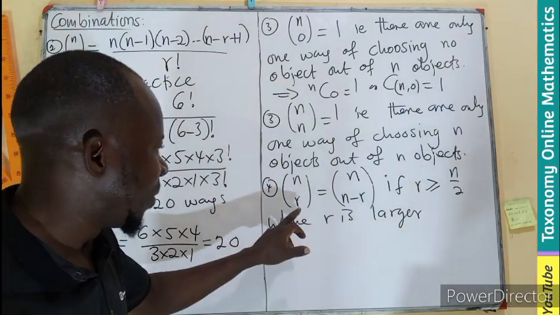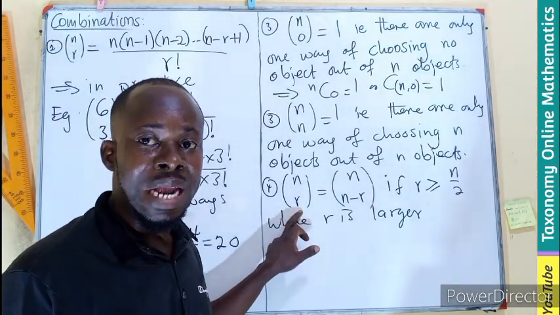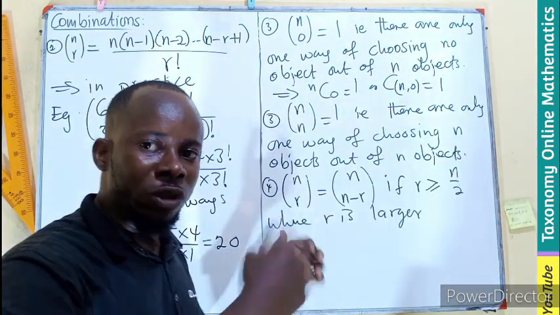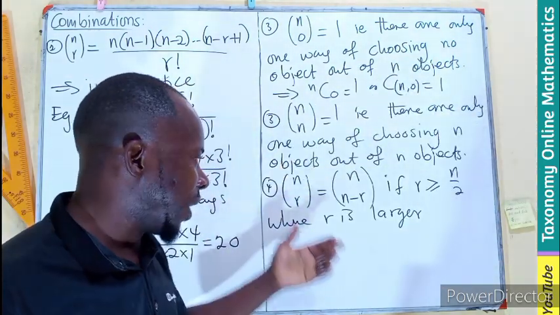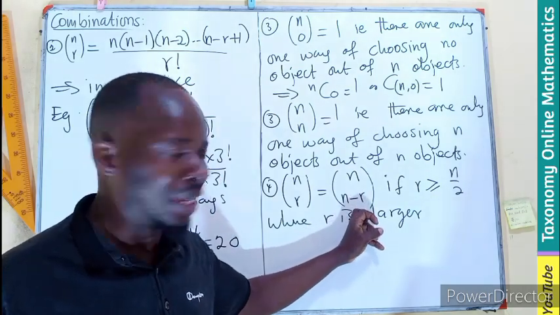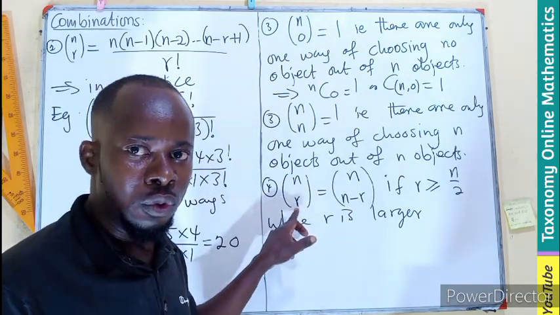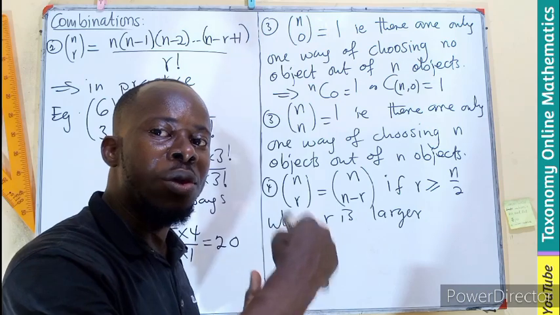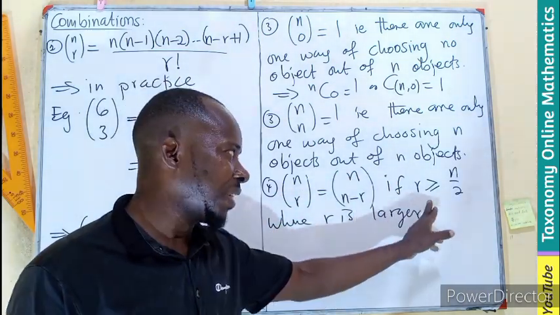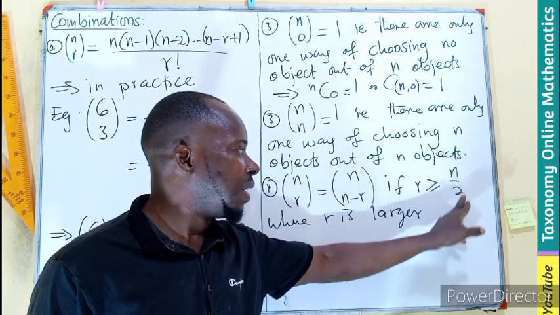When the r becomes very big, but not bigger than the n anyway. When it is large, closer to that of the n, it is good to use this combination than using this, because working with this you are going to be working with a larger pool of numbers than when you are to work with this. So this is just when we have n divided by this.